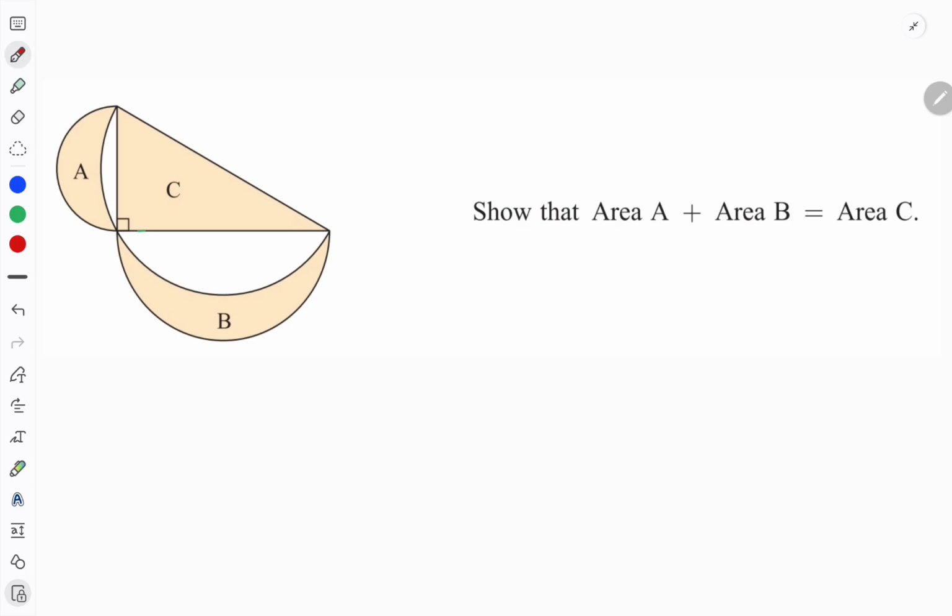Okay, so the first thing that I'm going to write is that area A plus area B equals total area, the area of the figure, minus area of this semicircle.